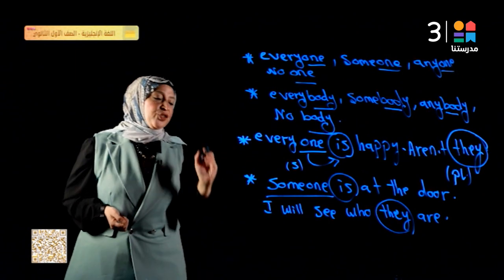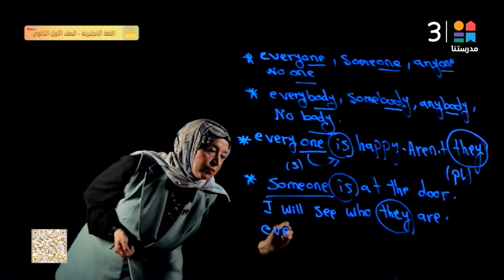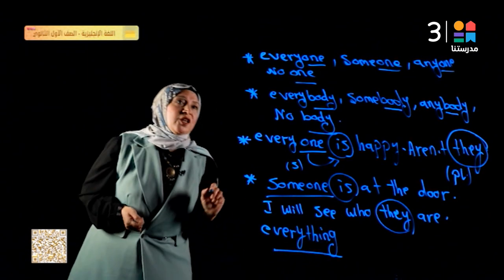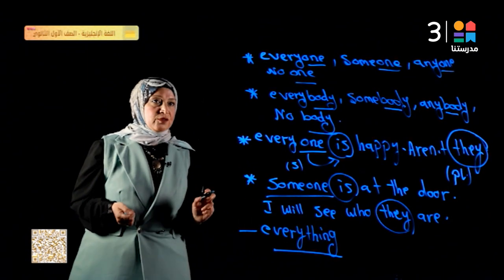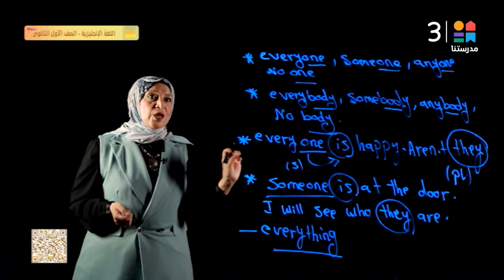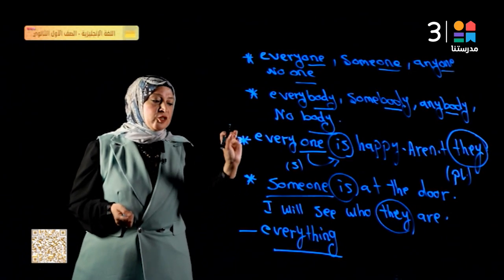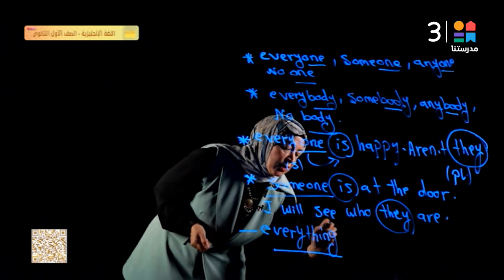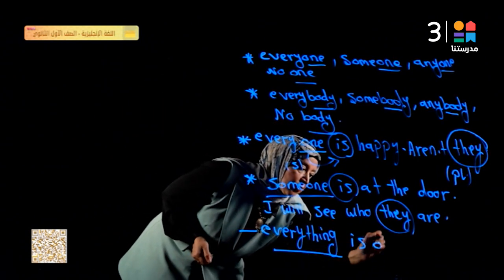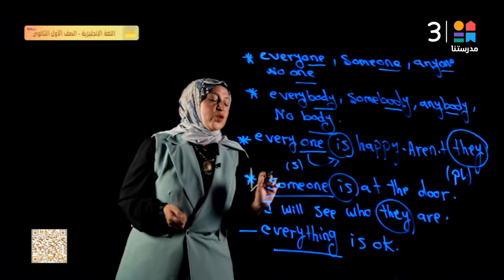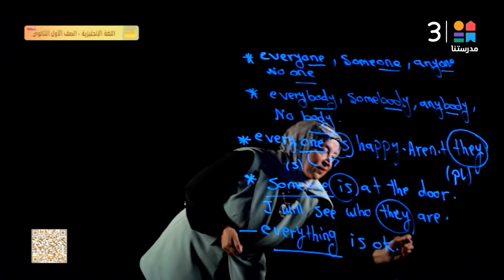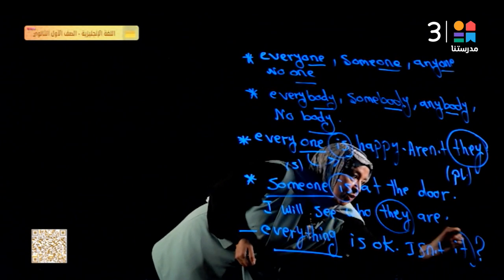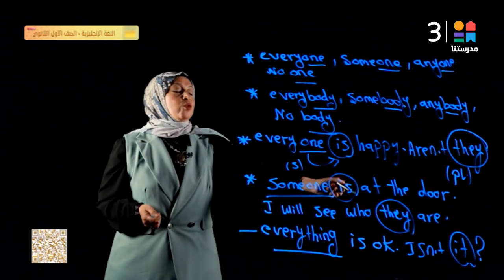But what about everything? The word everything is different. It refers to something, not to someone or a person. So we can say, for example, everything is okay. Isn't it? So here, the pronoun is it.